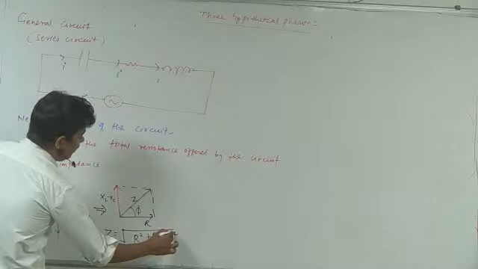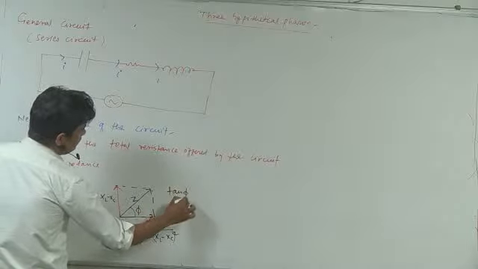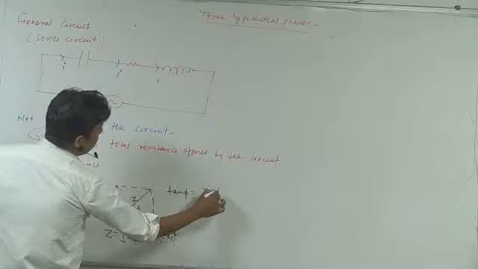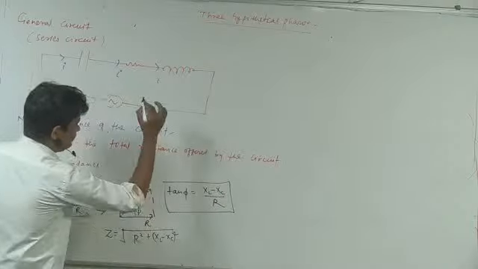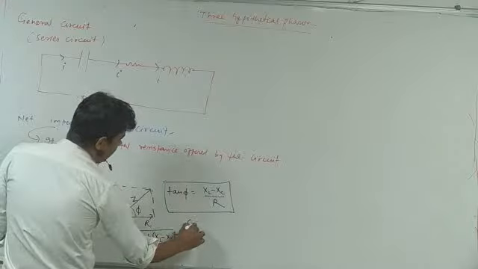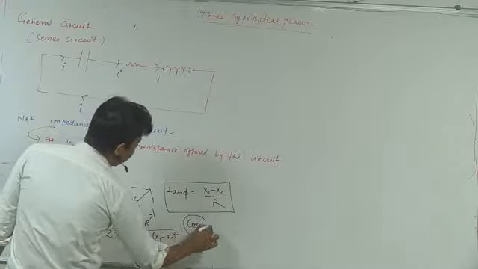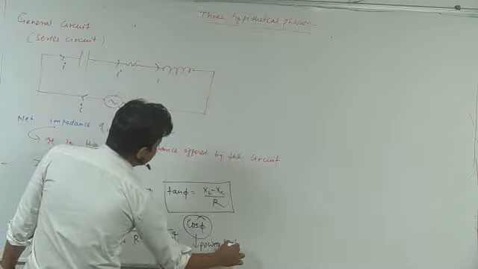And how to calculate phi? Tan phi will be XL minus XC by R. Yes or no? We will have a term that we say cos phi, that is power factor. In the coming part you will understand power factor.